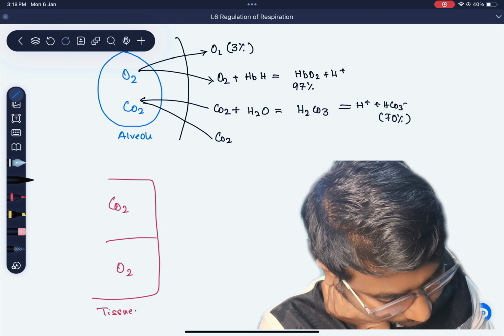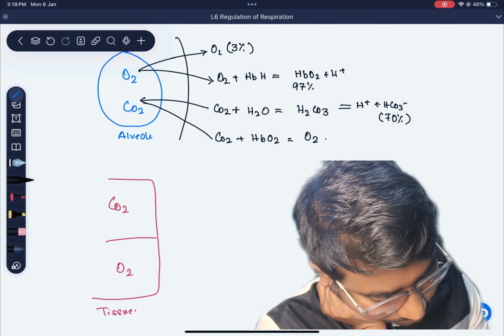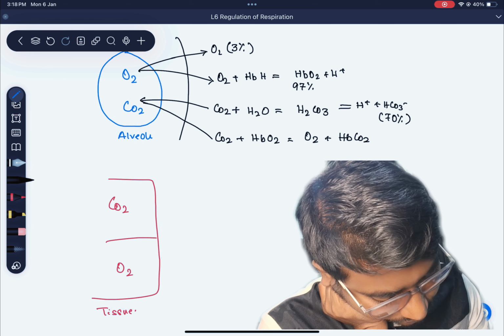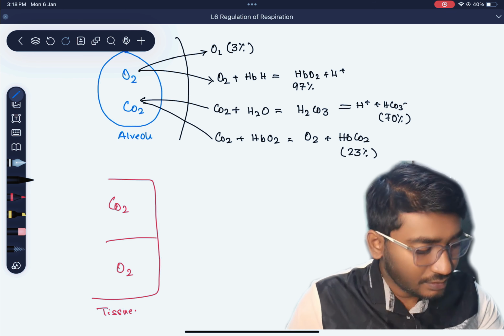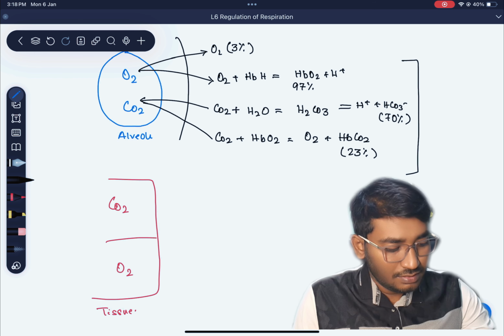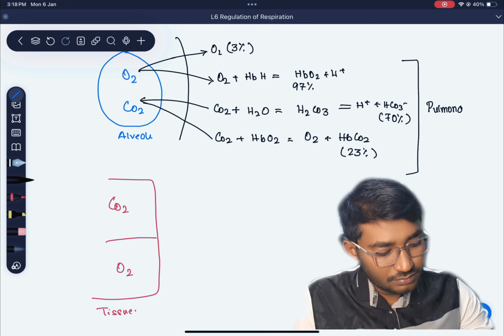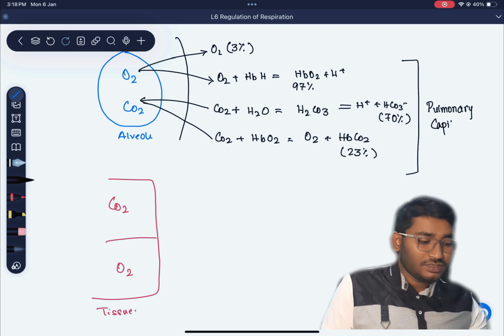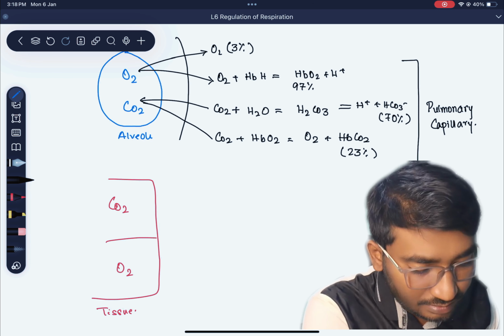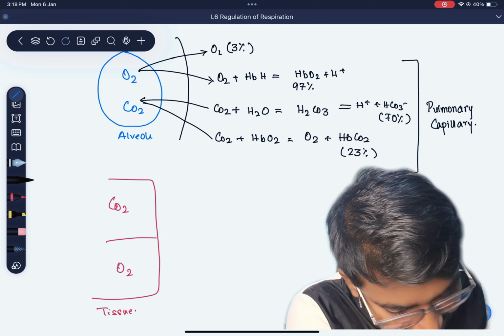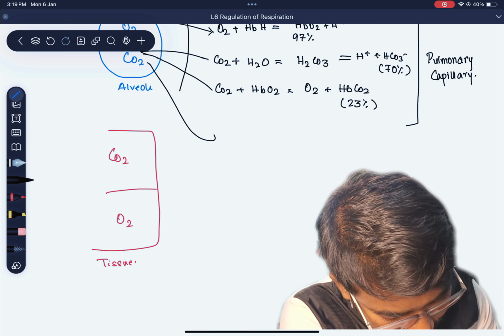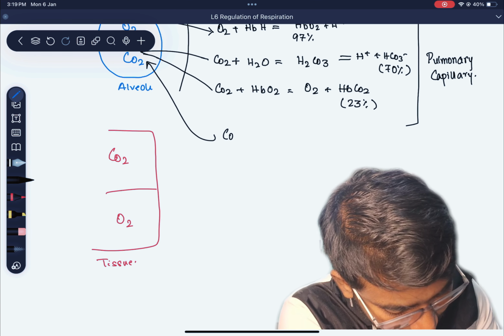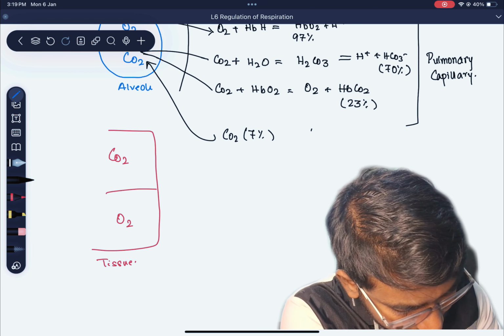CO2 plus HbO2 equals O2 plus HbCO2, transported in 23%. This reaction occurs in the pulmonary capillary. Another CO2 is 7% in the plasma, and bicarbonate.